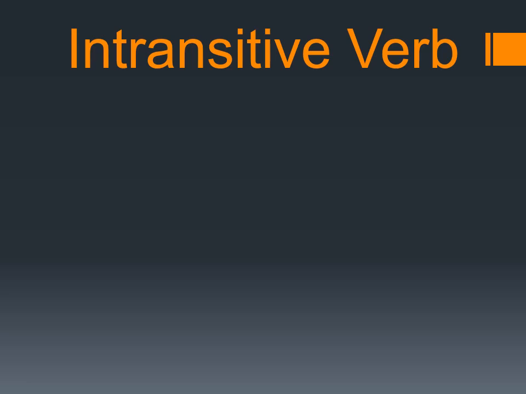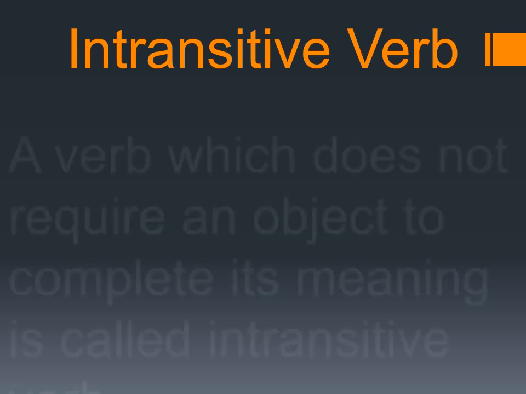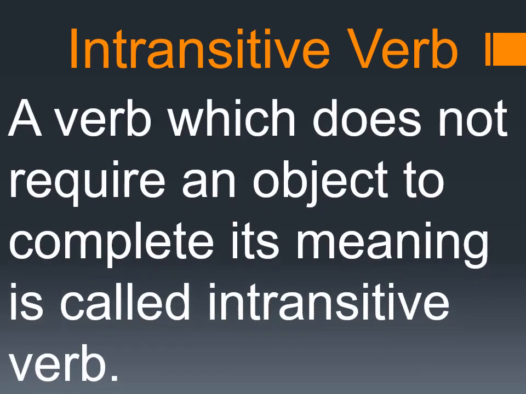Now, intransitive verb. What is that? A verb which does not require an object to complete its meaning is called intransitive verb. So, the verbs after which we do not get the answer of what or whom are called intransitive verbs.